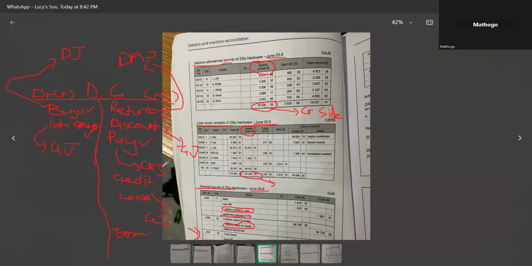And then the last one. So it's the interest received. If you are reversing it, notice, is the debtors control debited or credited there according to that journal?